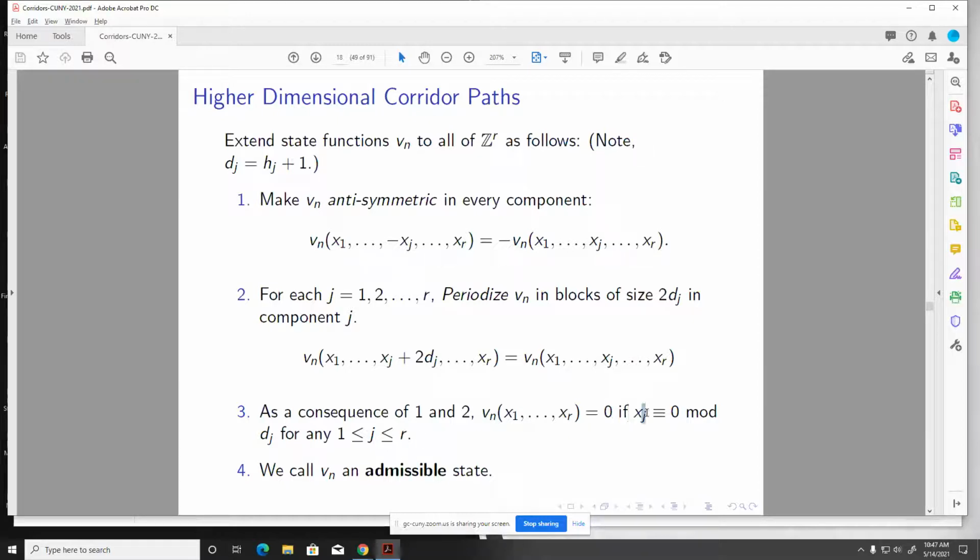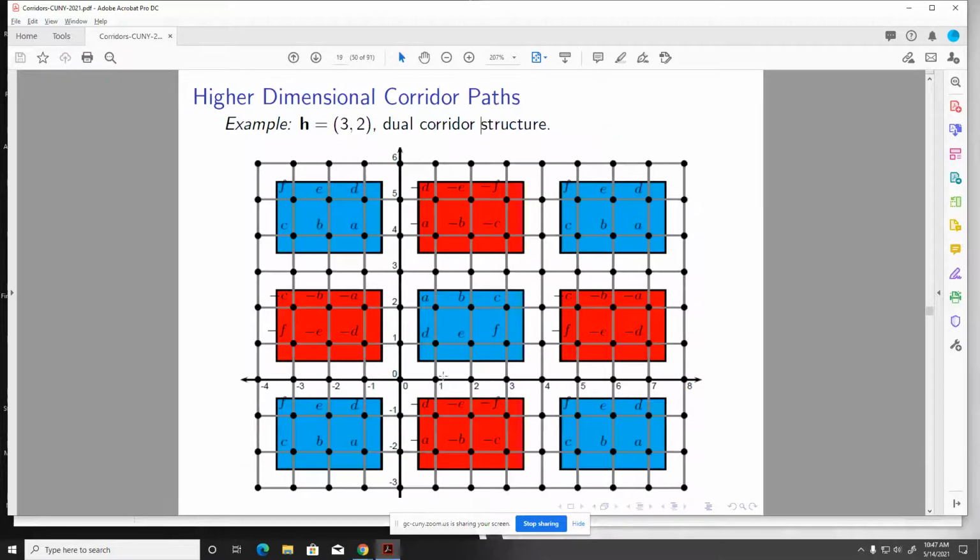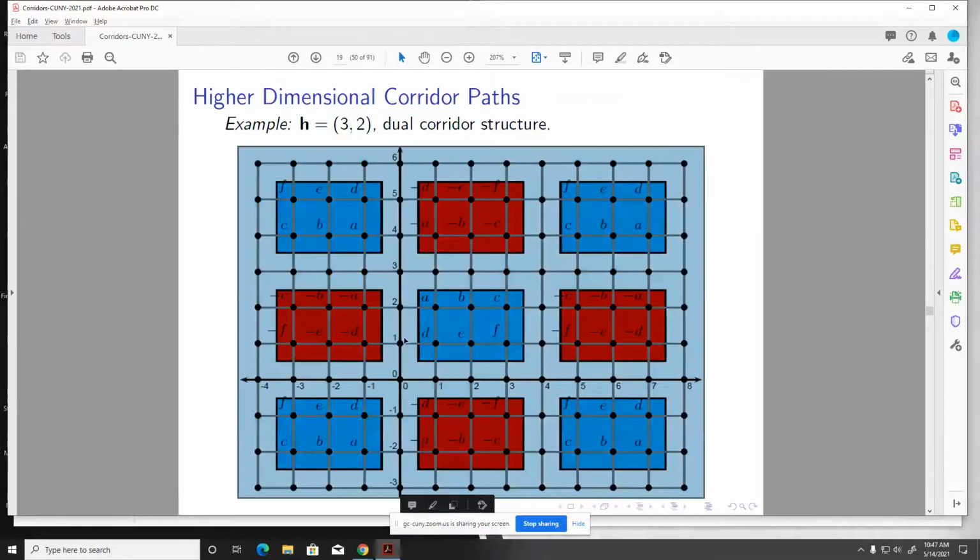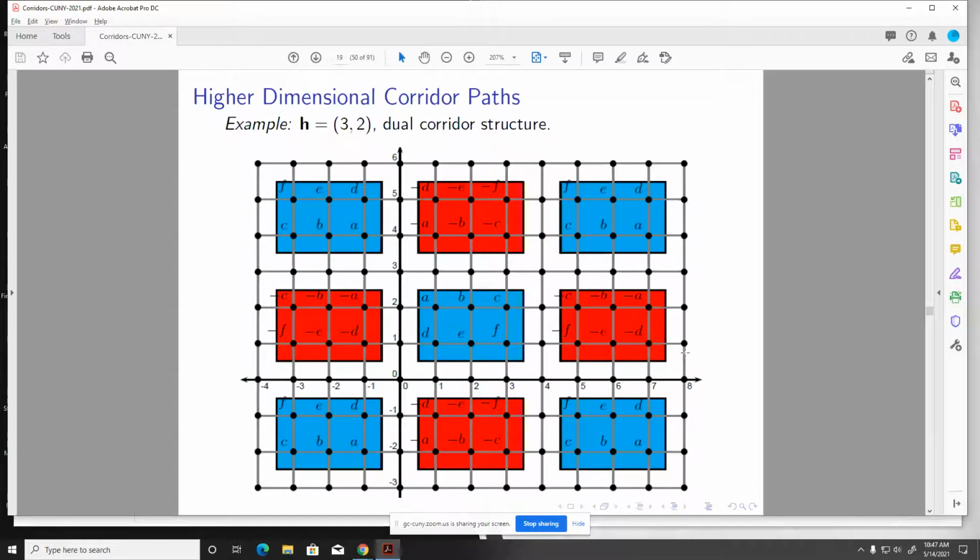Yeah, so xj's are components of the position in the lattice. So if we're in 2 dimensions, because my d is 1 more than h, so that would be 4. So that means positions with x value equal to 0, 4, 8, 12, etc. all are going to vanish in the state.